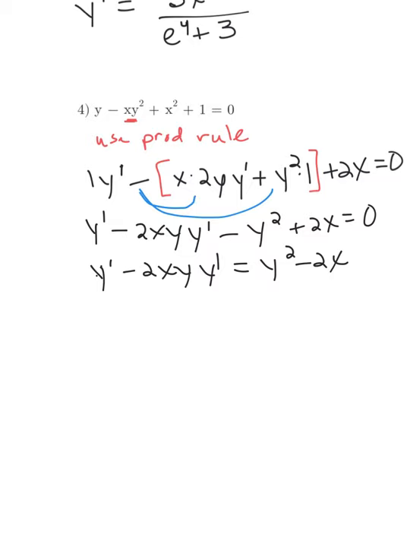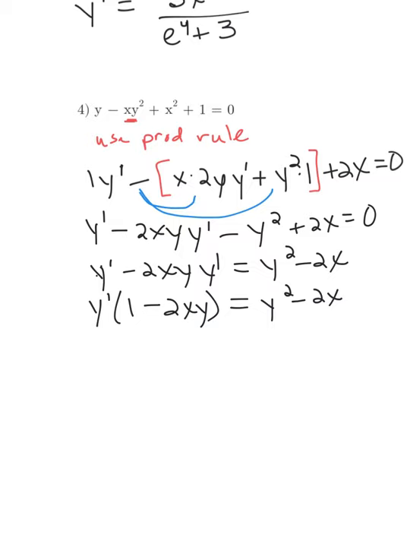Just like on the last problem, we have a y prime that we can factor out. If I take the y prime out of the first term, what's left is 1. Take it out of the second term, what's left is 2xy equals y squared minus 2x.